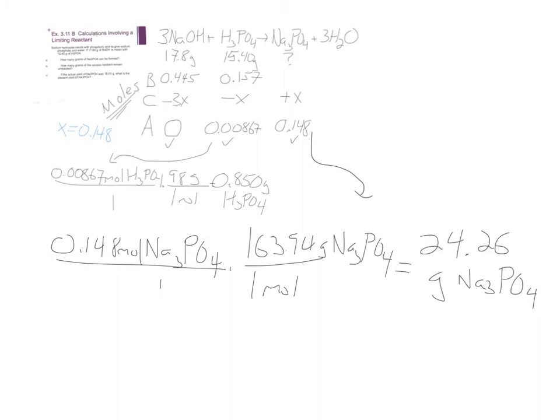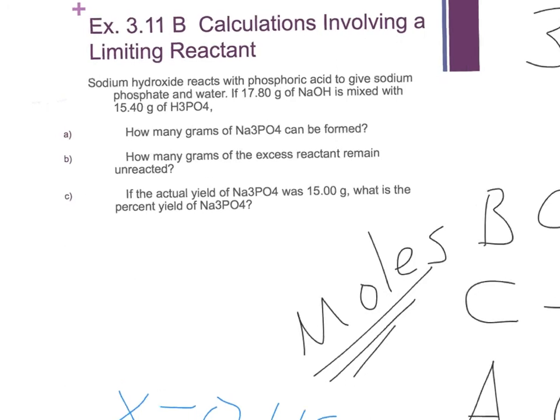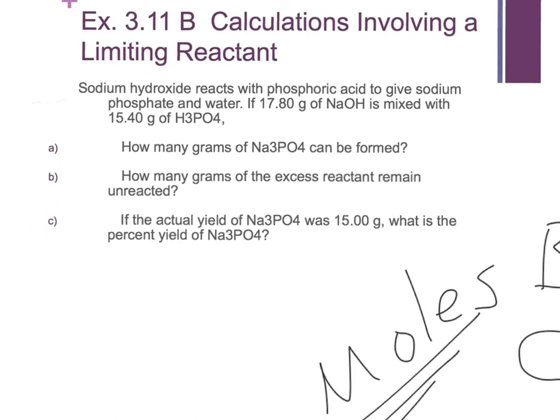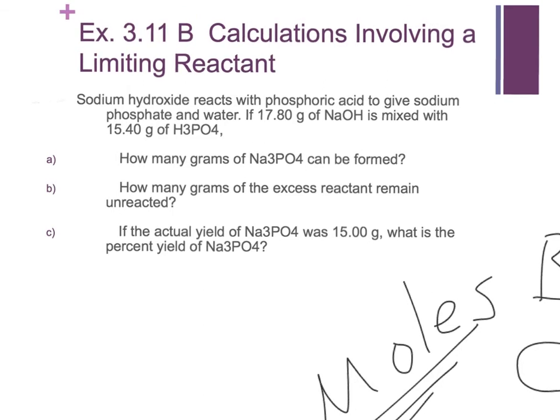And then our last question is, if the actual yield was 15 grams, what's the percent yield? So there are goofy calculations for this that you'll never have to do. If you just remember a percentage here, if the actual yield is 15, what is the percent yield? Well, percents are just parts of the total. So my actual here is 15 grams.